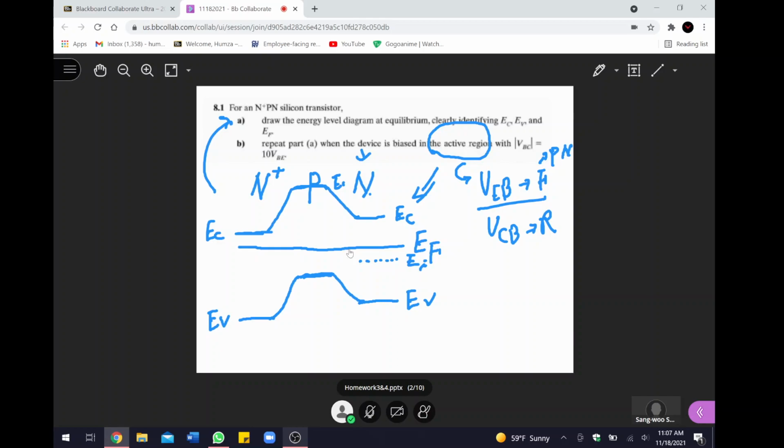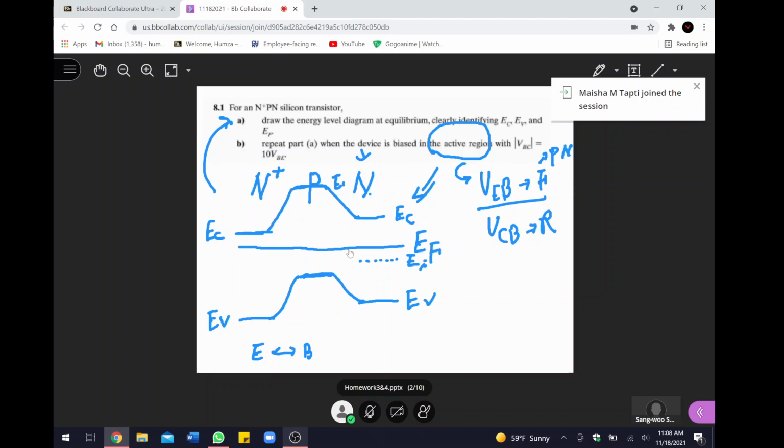First, the emitter and the base, between these two. The emitter and base is forward biased, which means the P side is more positive compared to the emitter side.